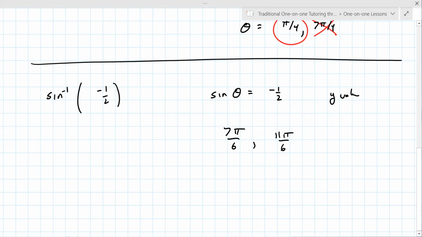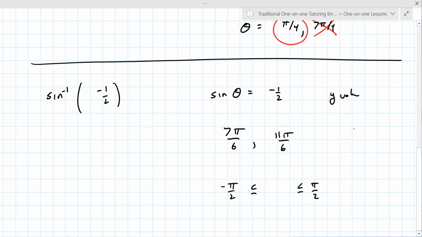Do you see those? Yes. But inverse sine has to be from, we have to choose something from minus pi over 2 to pi over 2. So first glance, neither of these work, right? Because neither of these are between minus pi over 2 and pi over 2.